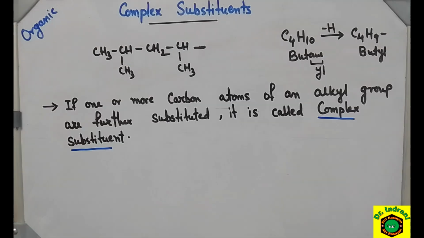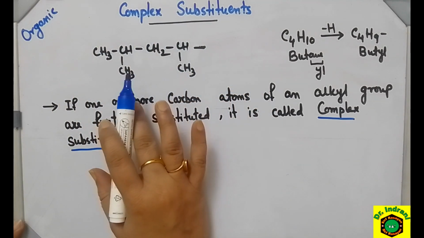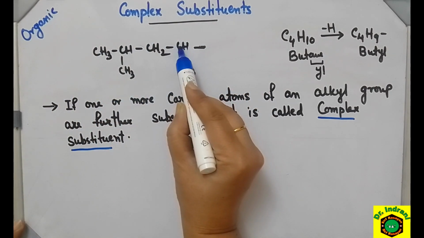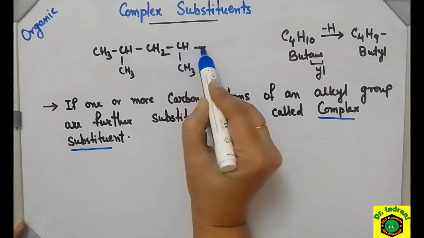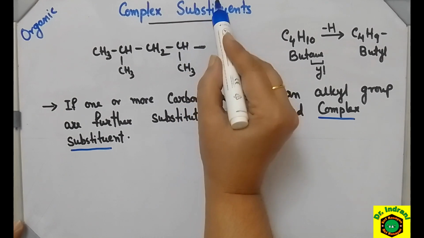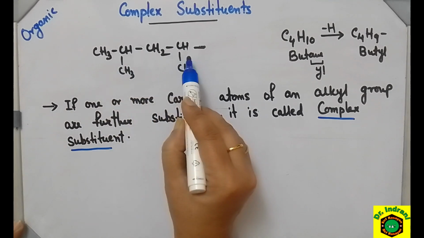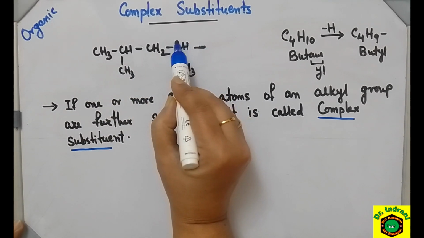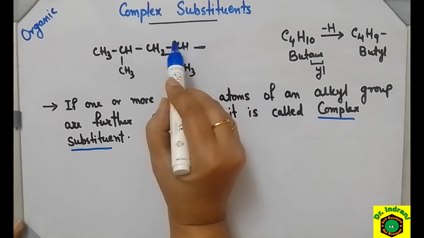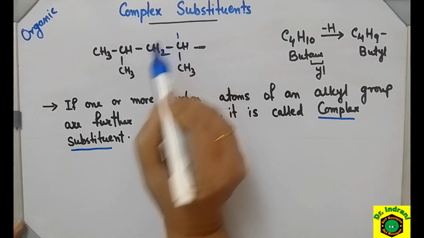Okay. Now how to do numbering here? This carbon atom will be attached to the parent chain because here one open valency is there. With the parent chain it will be attached as substituent. So this carbon atom which will be attached to the parent chain, you have to give number 1 for that.